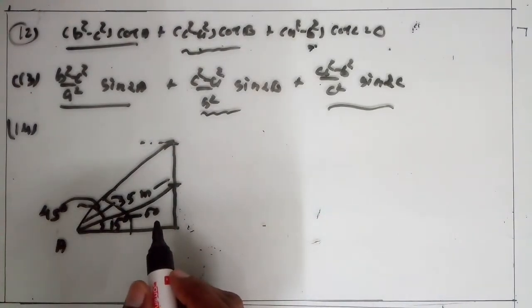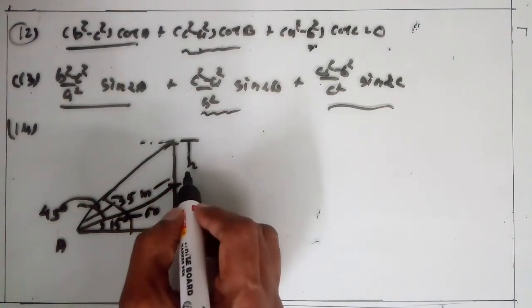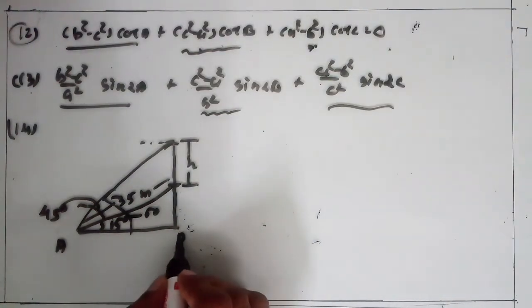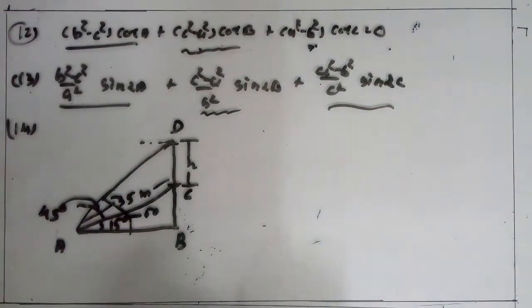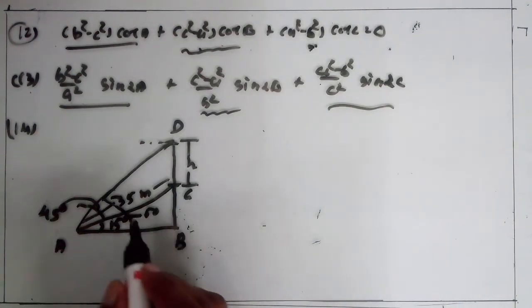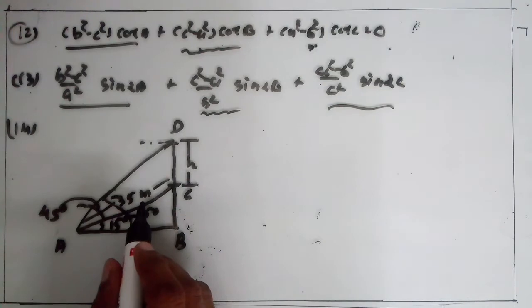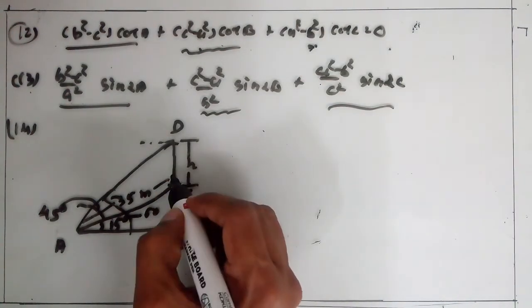Clear this? So remember this. Find the height of the tree. Suppose the height of the tree is h. A, B, C and D. CD is the tree. Here this angle is 15. This is 35 and we want to get the length of CD.